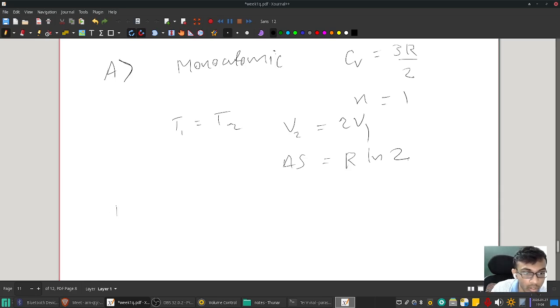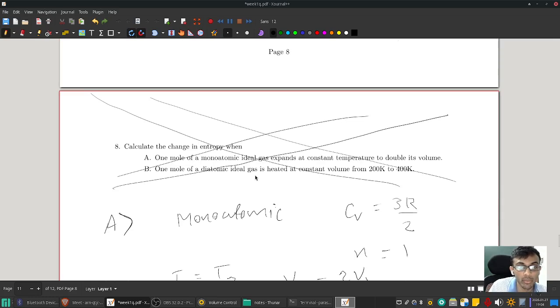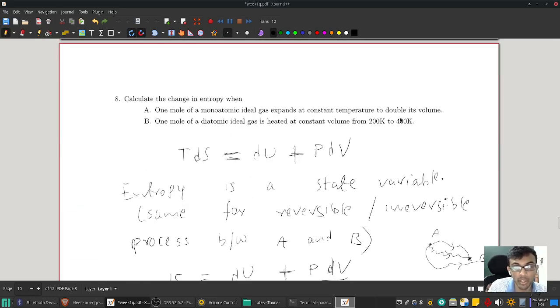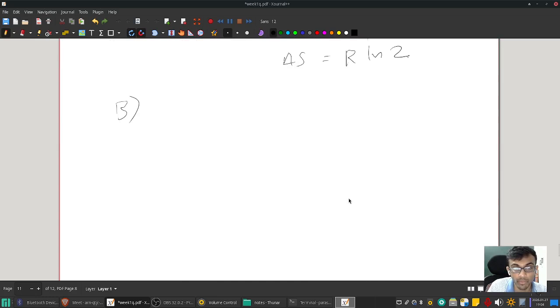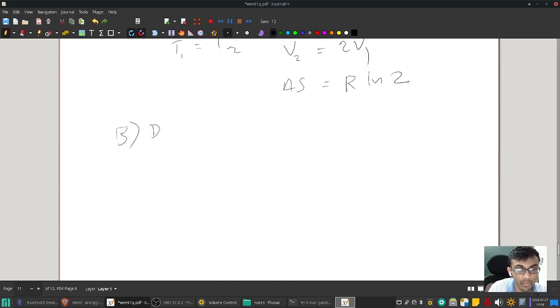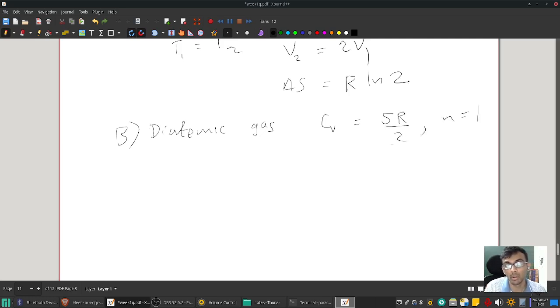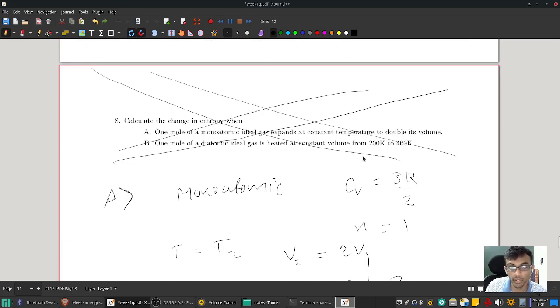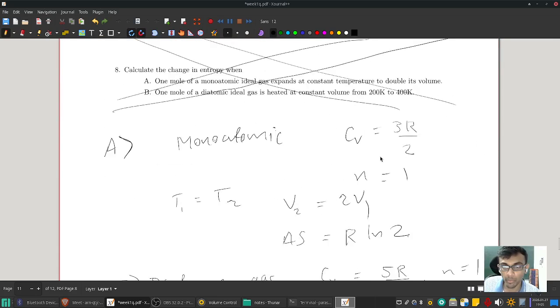And now the second question. In this case, we have a diatomic gas, again 1 mole. So that means Cv is going to be 5R by 2. It's heated at constant volume from 200 to 400 Kelvin.